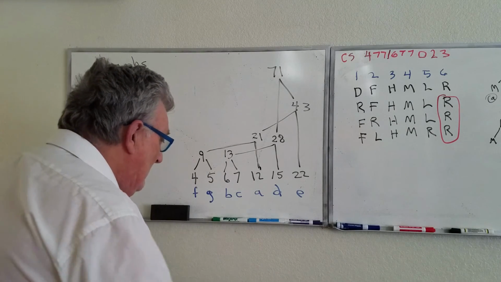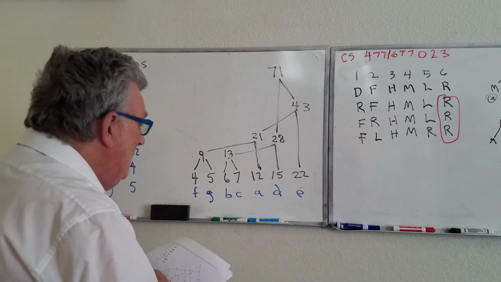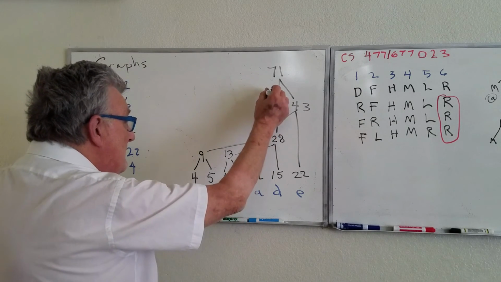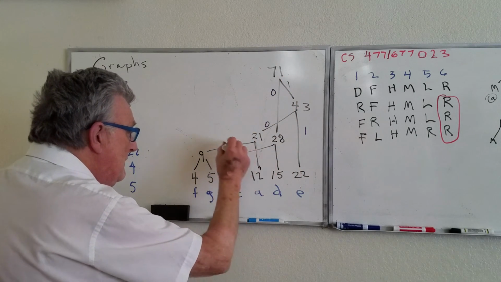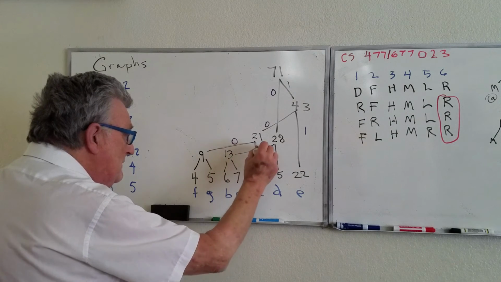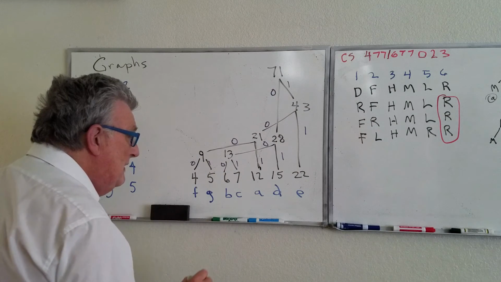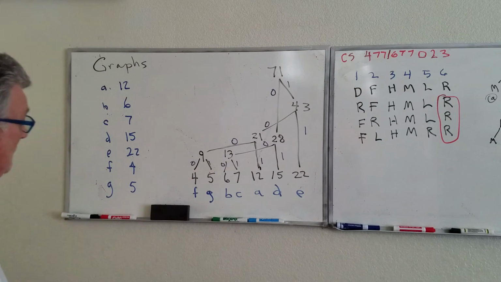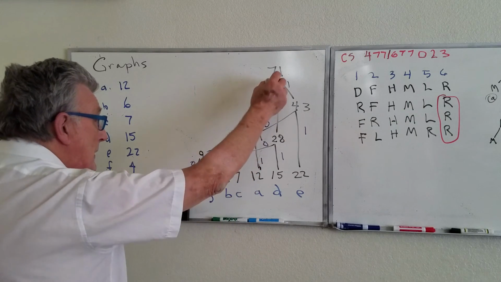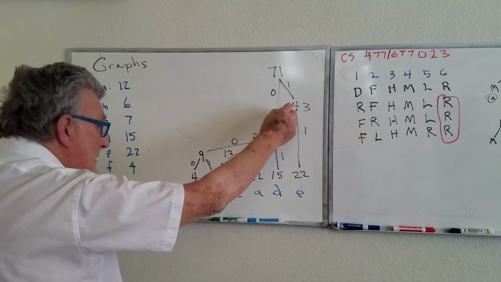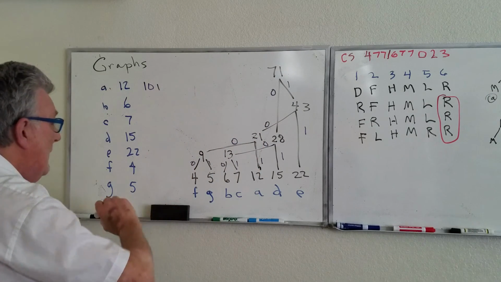So let's see what happens when we derive a Huffman code from this. We label the edges 0, 1, 0, 1, 0, 1, 0, 1, 0, 1, 0, 1. Now, that would give us a code here for A. You start at the top. For A, you get 1, 0, 1, following the trail.